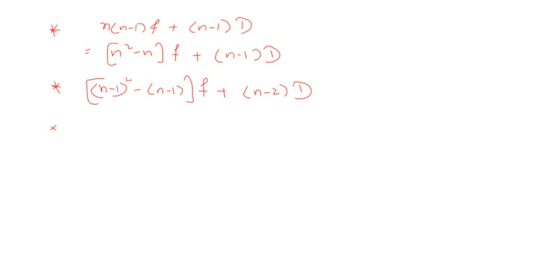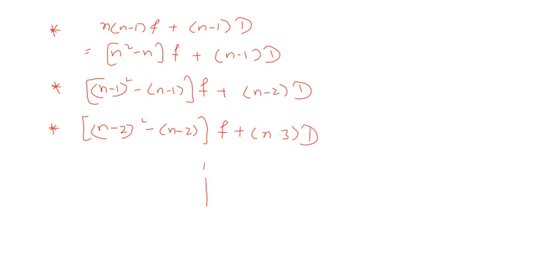Similarly, for the third step, you reduce by 1 more: n minus 2 square minus n minus 2 flops plus n minus 3 divisions, and so on.